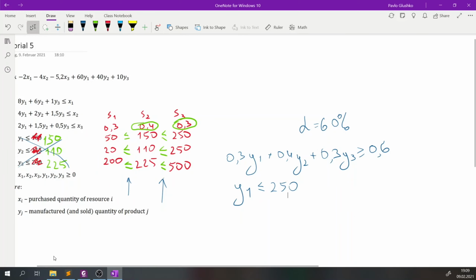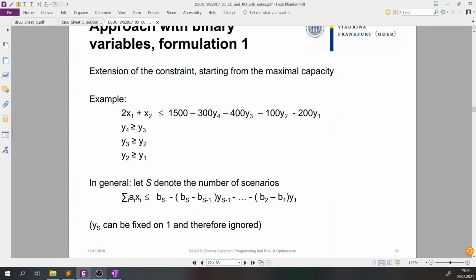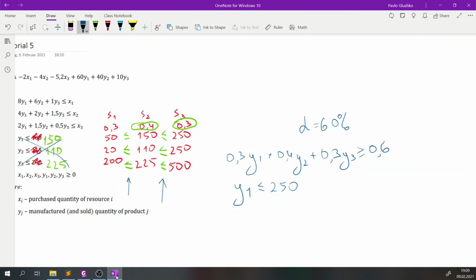Then according to this formula, we have minus, and here we put the difference between this largest scenario, or scenario with this largest parameter, 250, and the second largest scenario, and this difference is 100. So here we put 250 minus 150, which equals 100.